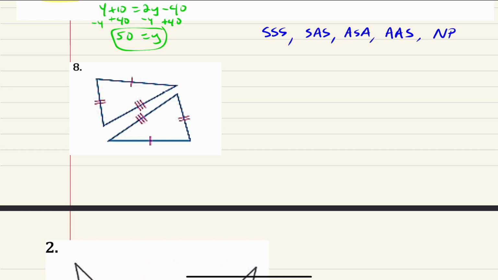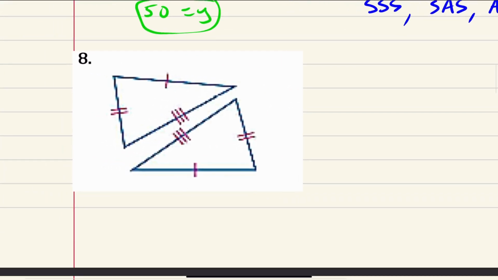This is pretty easy. Okay, so I can see that these 2 triangles are indeed involved. Now, are these 2 triangles congruent? Well, I see that there's a tick mark here and a tick mark here, okay? Only one for each.